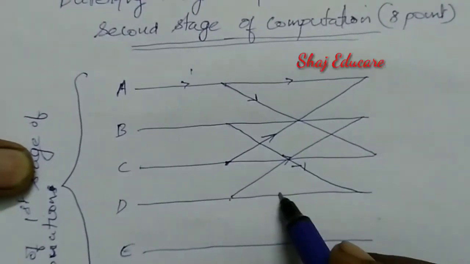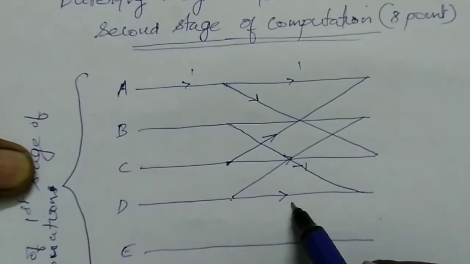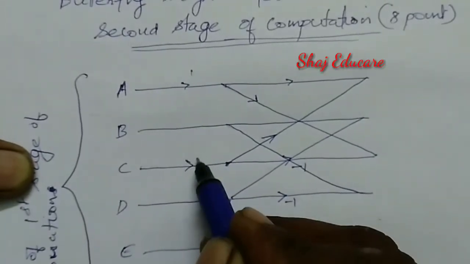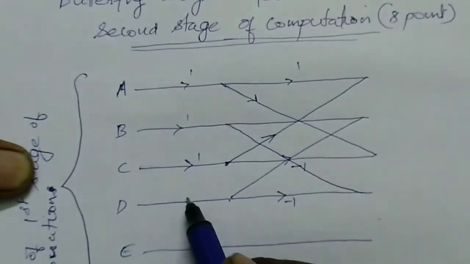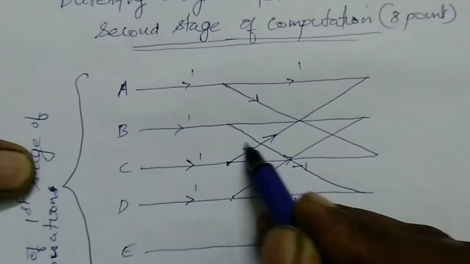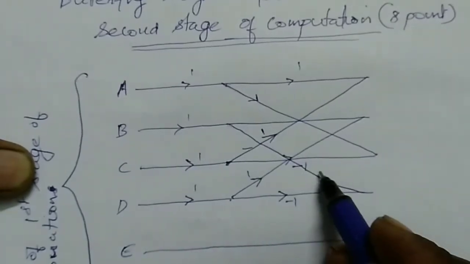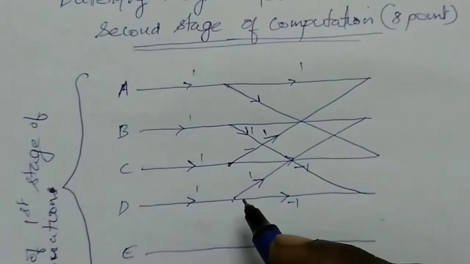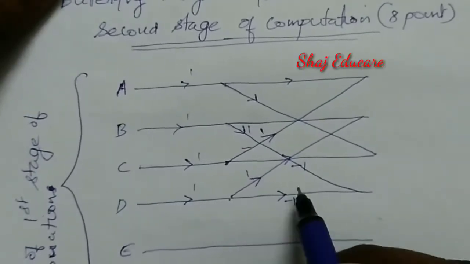Again here the gain is minus 1, and except that all other gains are 1. Now complete the gains in each branch. Now let us write the phase factors.